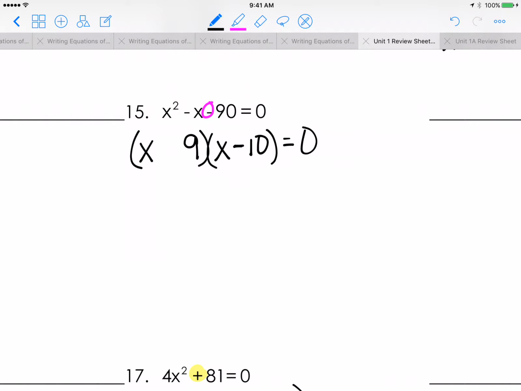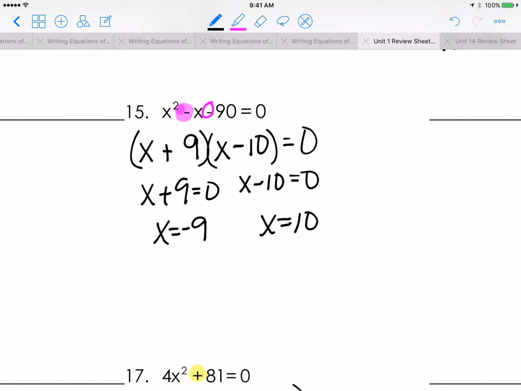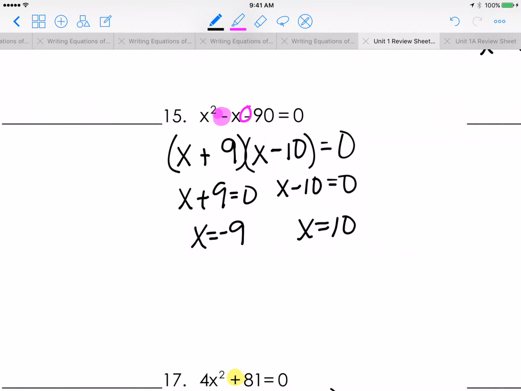And then the 10 is going to be negative because it takes this sign. And so we have x plus 9 equals 0, x minus 10 equals 0. So subtract 9 from both sides and add 10 to both sides. So we get x is equal to negative 9 and 10.